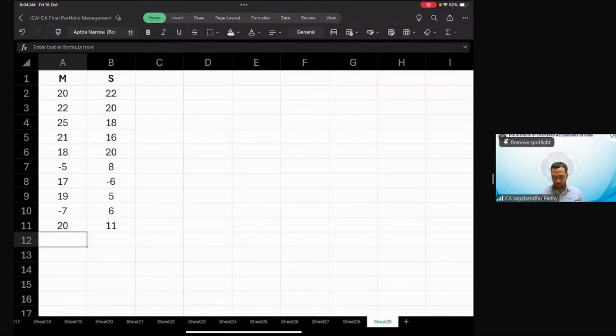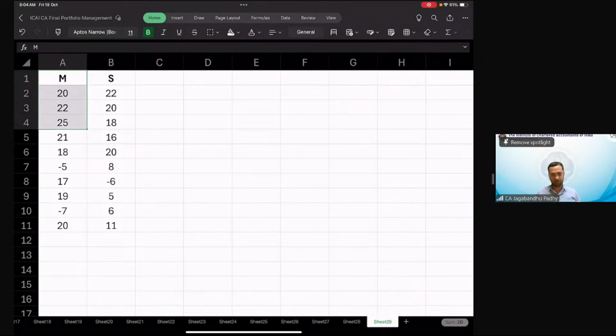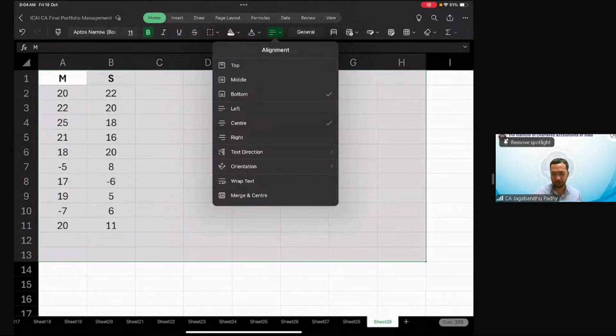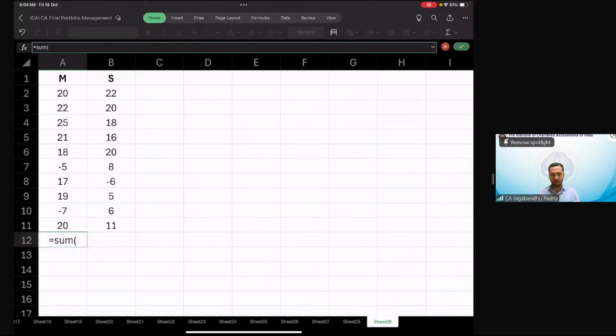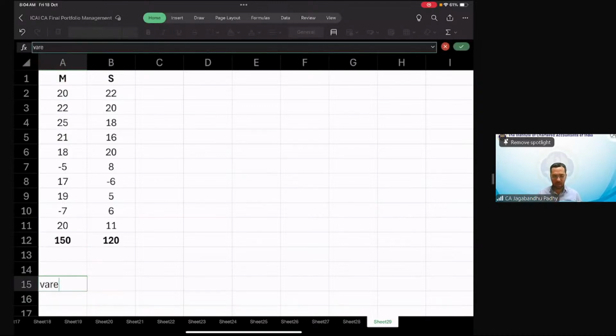Okay, now, so first what we need is the summation. So let's take a sum of the market returns and the sum of security returns. Now calculate the average market return. So average market return is like 150 divided by 10.